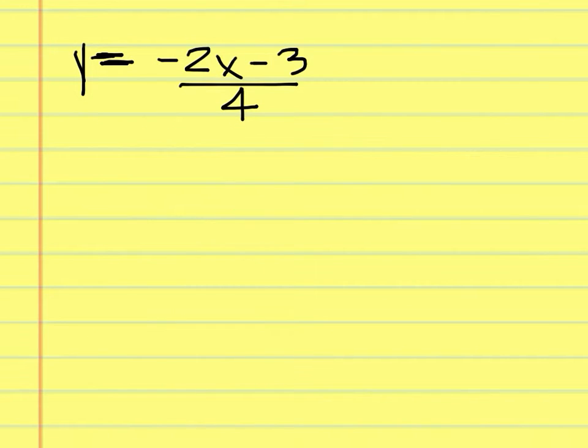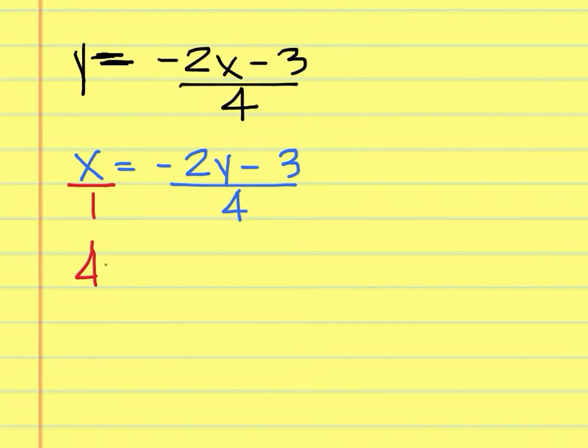To get the inverse, we have to switch x and y and then start isolating for y. Recognize that x over 1 is the same thing as x, so you can cross multiply to get 4x equals negative 2y minus 3.